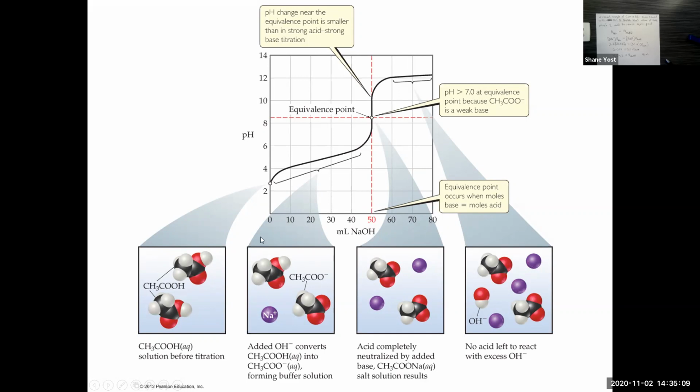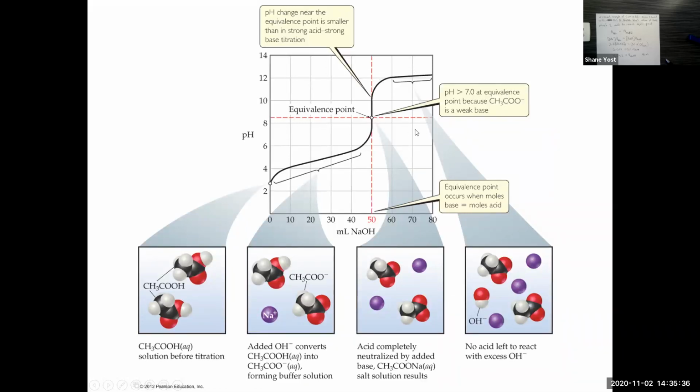I've added some strong base that's reacted with my weak acid to form the conjugate base, and say Na plus here for the strong base, sodium hydroxide, left in the solution. At the equivalence point, I've reacted all of my weak acid. I'm then just left with the acetate ions and sodium ions. And then afterwards, I just keep on adding sodium hydroxide in solution, which adds hydroxides to make it more basic.